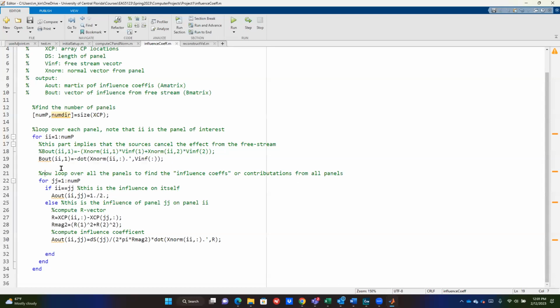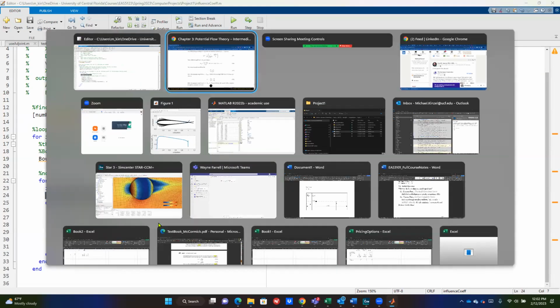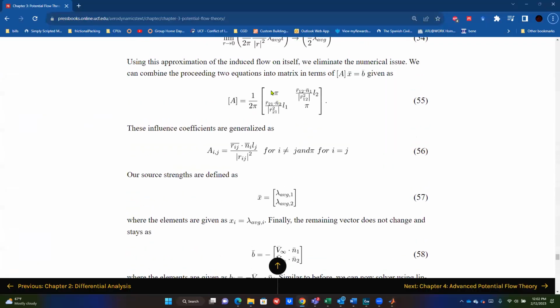Yeah, so we could see in our B matrix, it's the dot product of the normal component of V infinity. And then we loop over with a nested loop. So it goes over I, and then goes over J, and we develop the rest of the terms. This term here is what happens when we induce flow in ourselves. It's basically this term.